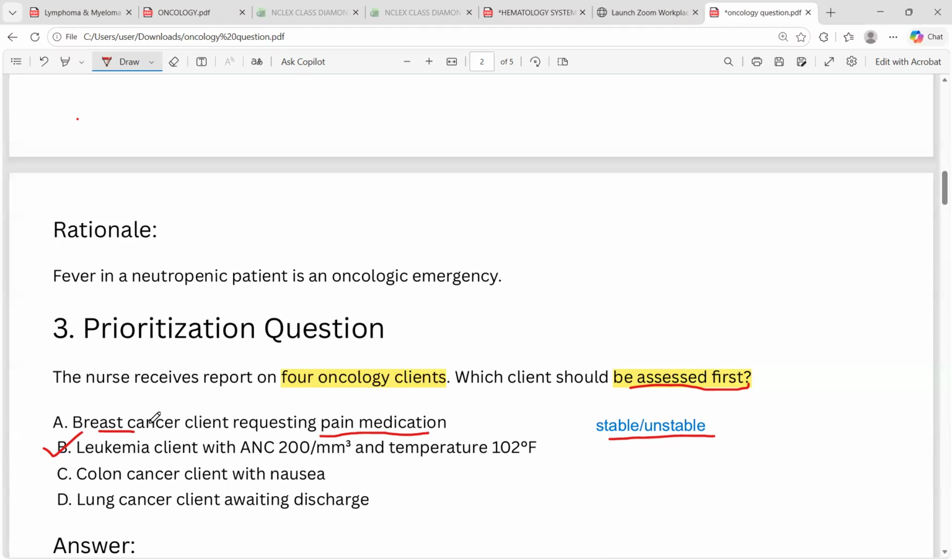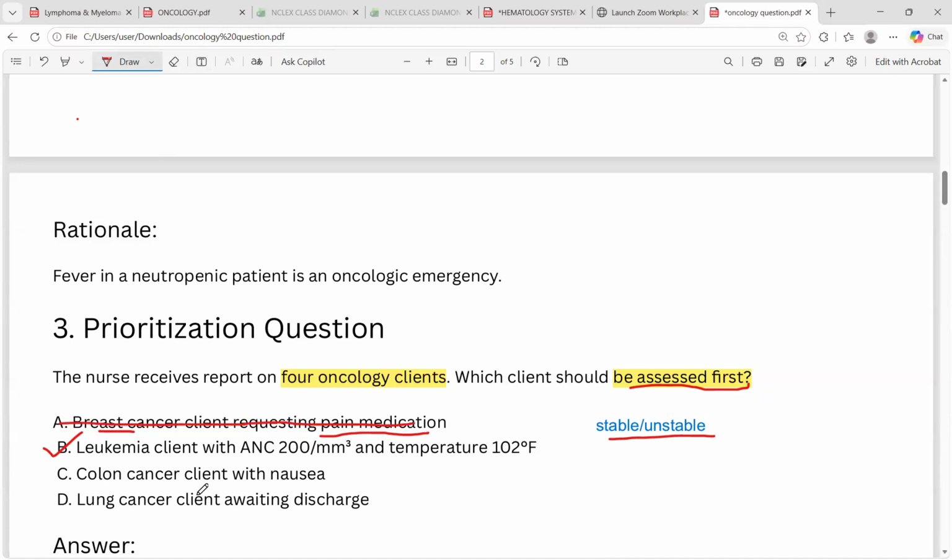But here nothing has been mentioned about the pain score. It's a chronic pain. Acute versus chronic: the acute client needs immediate attention compared with the chronic. So we can eliminate A.